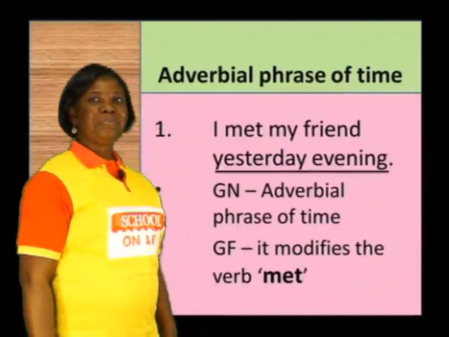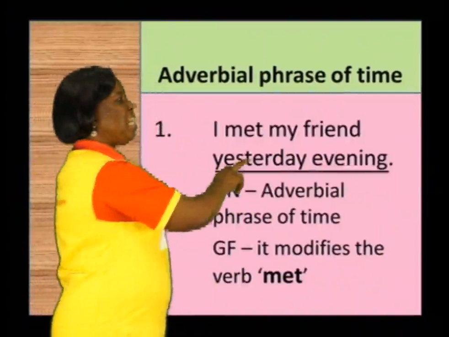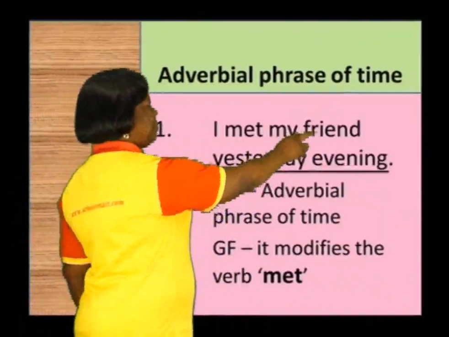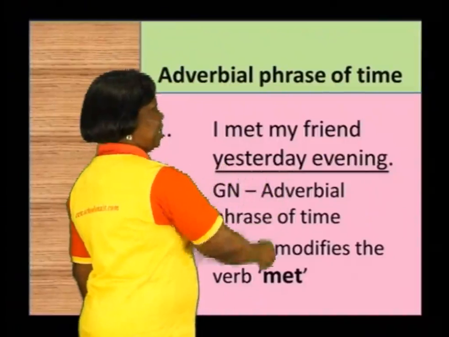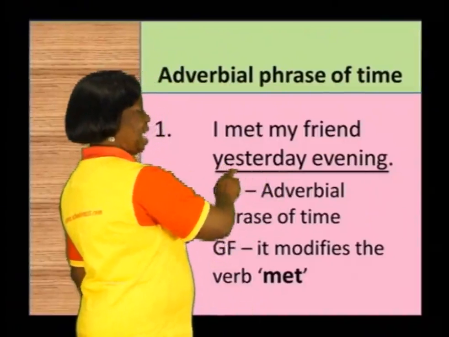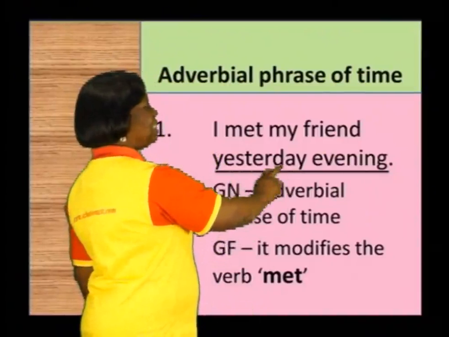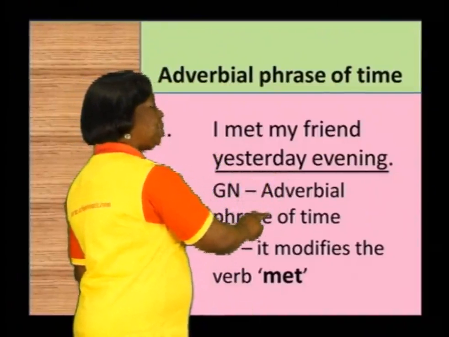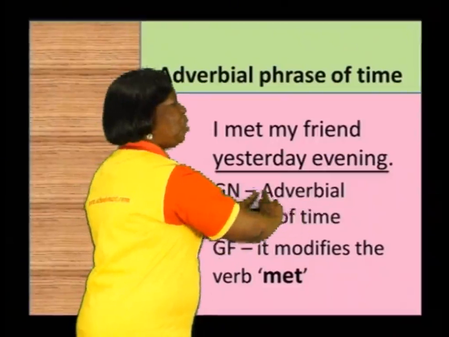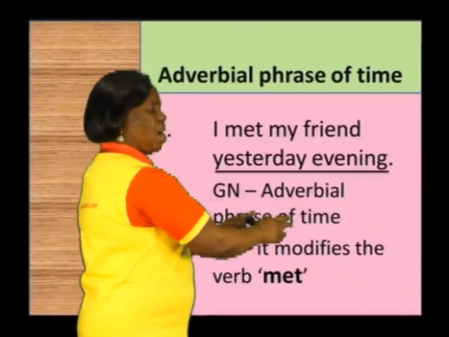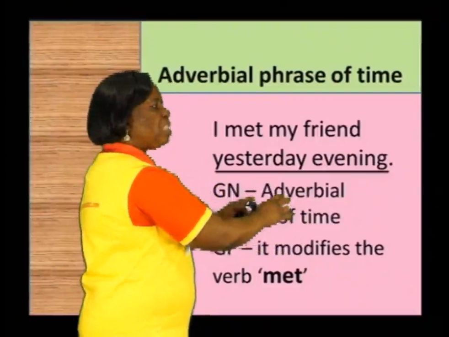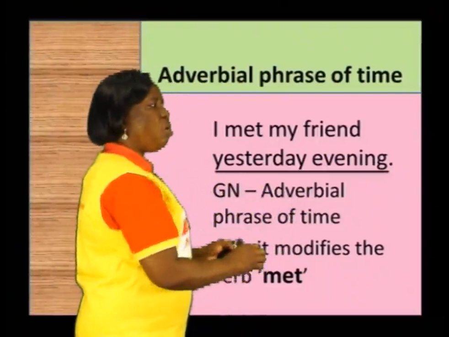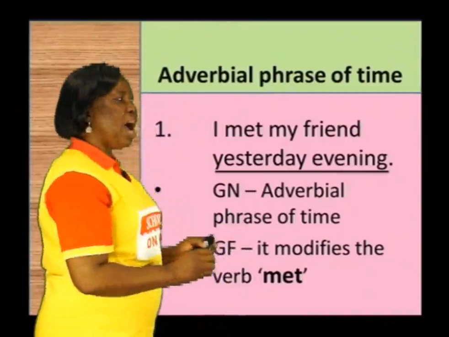For example, example 1, I met my friend yesterday evening. The underlined expression here is yesterday evening. So the GN is adverbial phrase of time. The "of time" you put in brackets. It is not mandatory that you put the type, but you must know whether it's adverbial phrase or adjectival phrase or noun phrase.